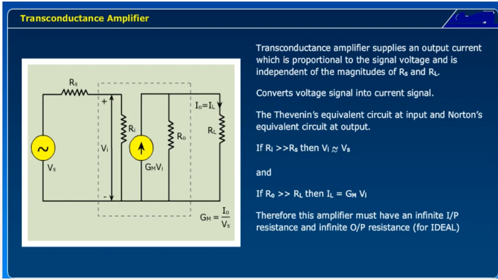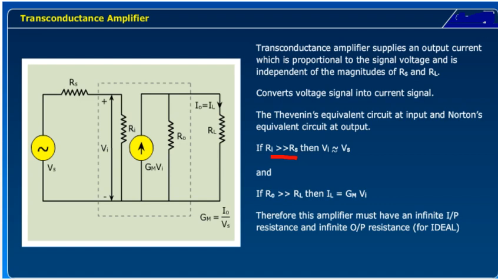In this transconductance amplifier, the signal source Vs equals the voltage drop across Ri, Vi, if the condition Ri greater than Rs is satisfied, and the output current IL equals the current source in the amplifier if R0 is greater than RL.